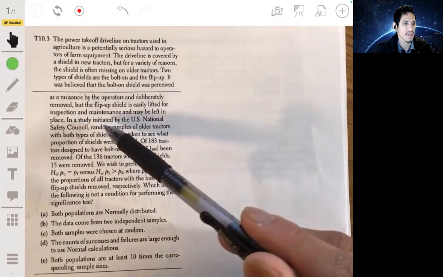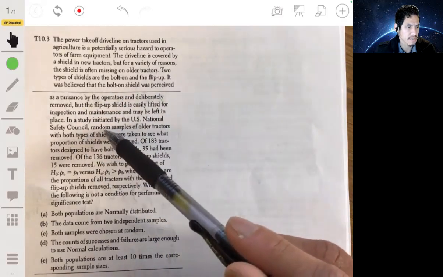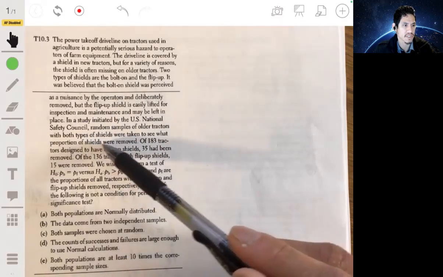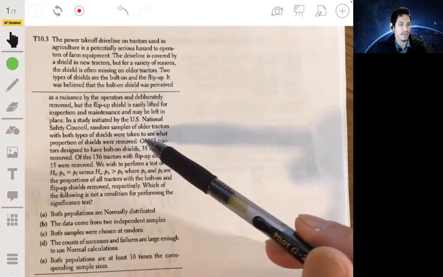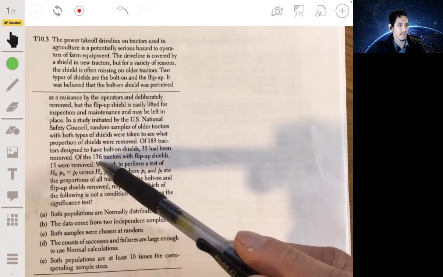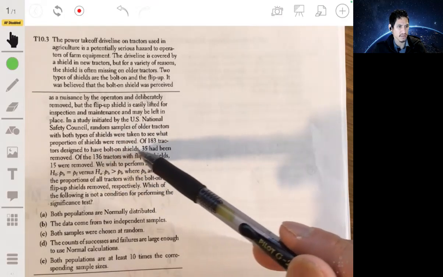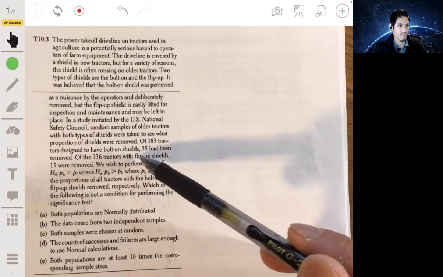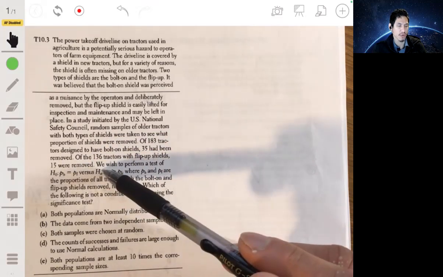In a study initiated by the U.S. National Safety Council, random samples of older tractors with both types of shields were taken to see what proportion of shields were removed. Of 183 tractors designed to have bolt-on shields, 35 had been removed. Of the 136 tractors with flip-up shields, 15 were removed.